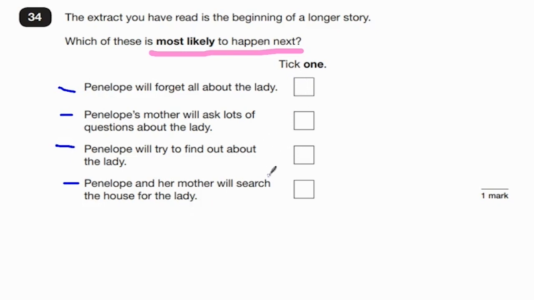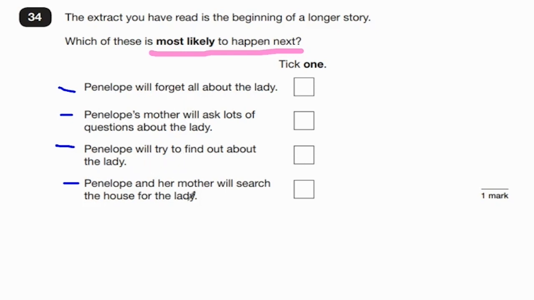If we can think about the whole text and what we remember, Penelope will forget all about the lady. Penelope's mother will ask a lot of questions about the lady. Don't think either of these because her mother wasn't interested about the lady. And Penelope is so curious, she's not just going to forget about her. She's positive she had seen her. Penelope will try to find out more about the lady.